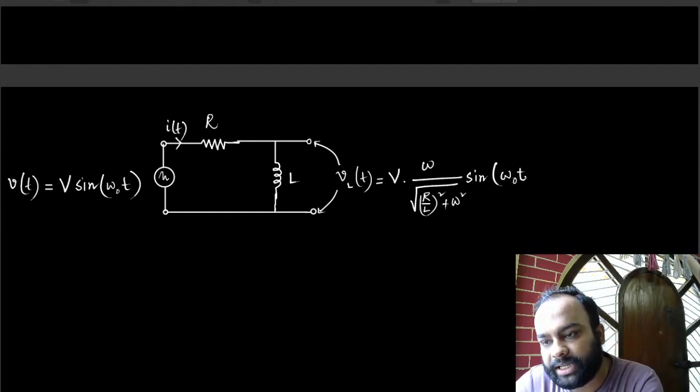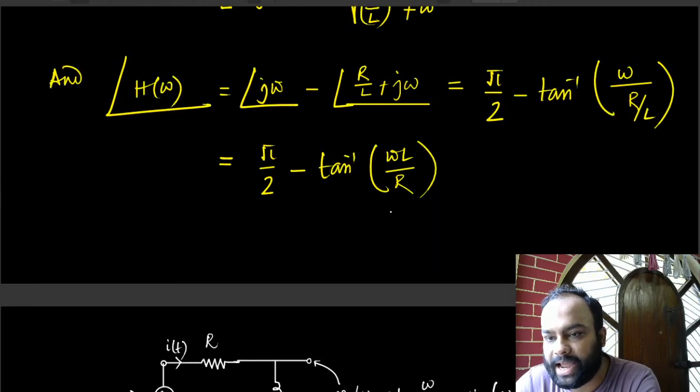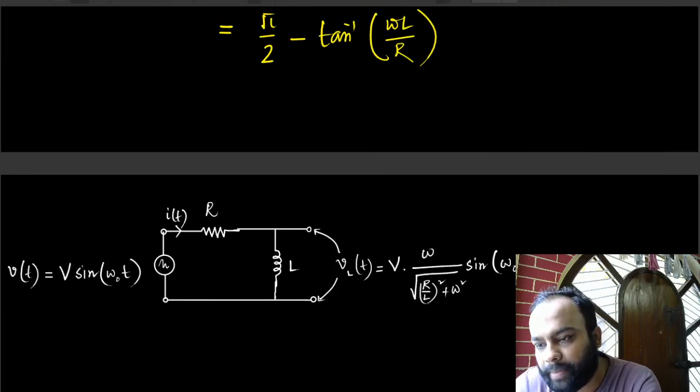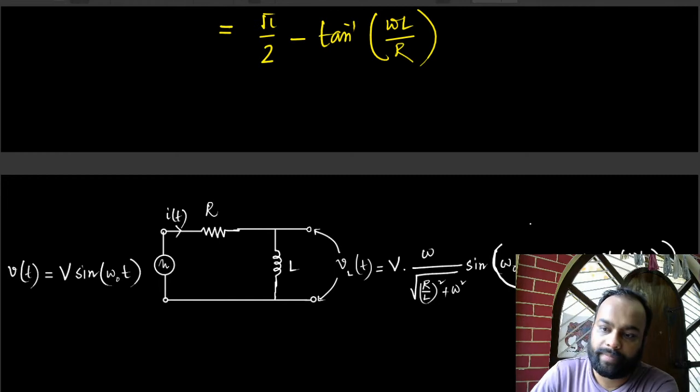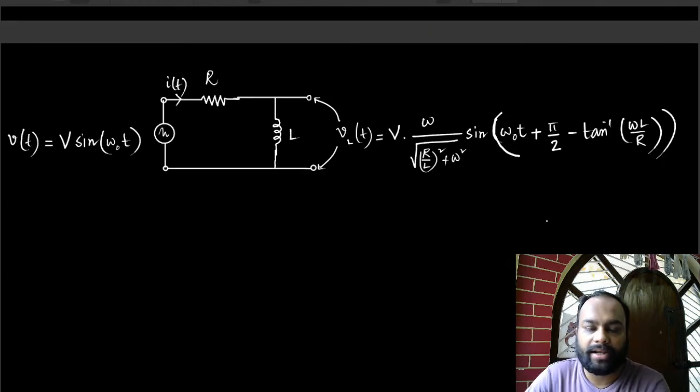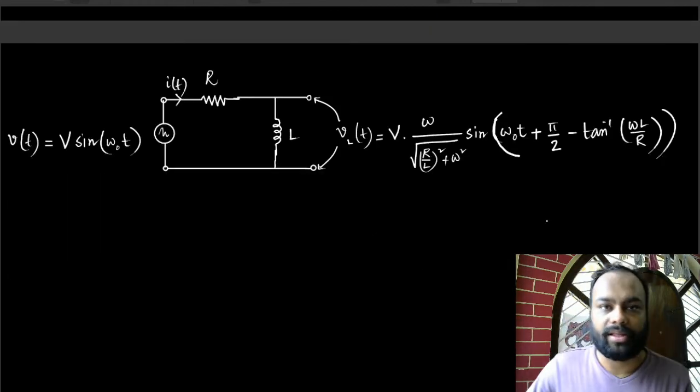The frequency won't change, only the phase angle will change, and the additional phase would be plus π by 2 minus tan inverse ωL by R, right? So that is again being represented as this.